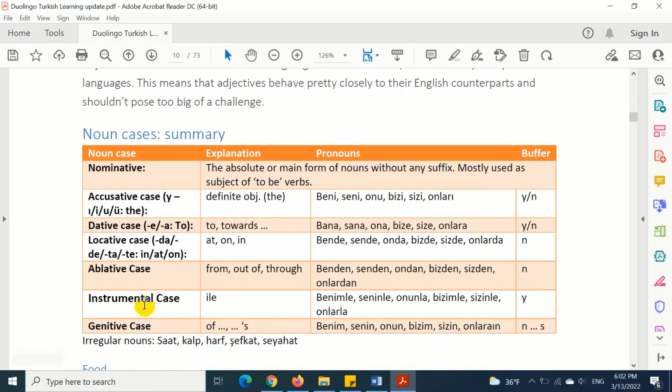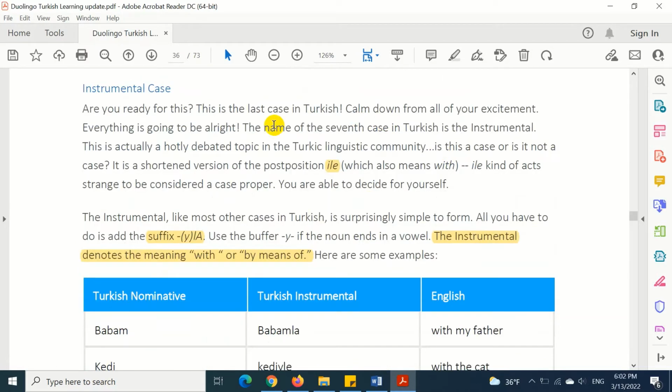Now come to instrumental case. Instrumental case conveys the meaning of "with" in English, or "by means of", and we use the suffix ile. It was somehow old, but in modern usage that is a little changed.